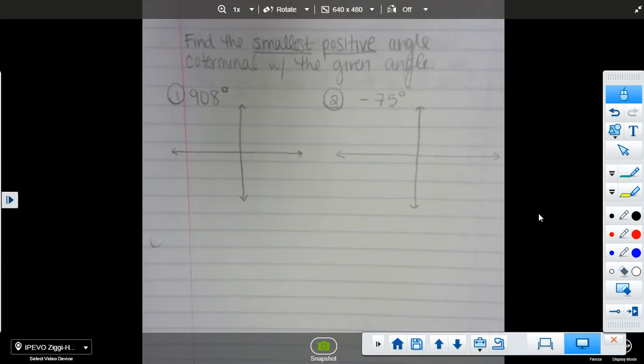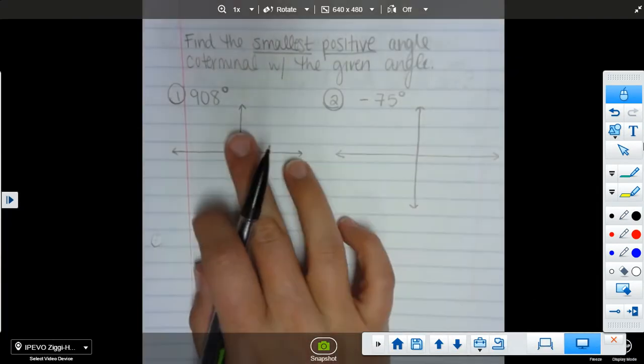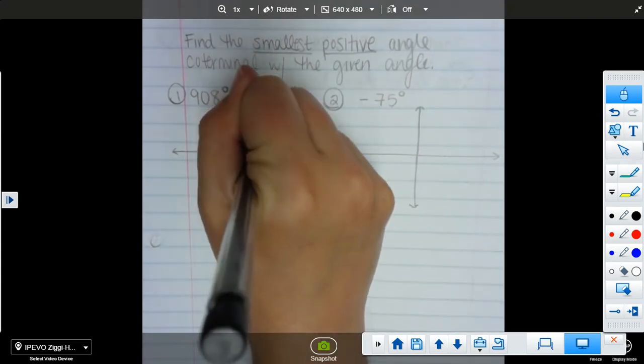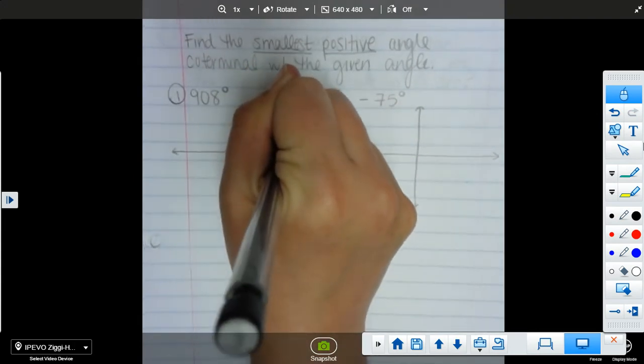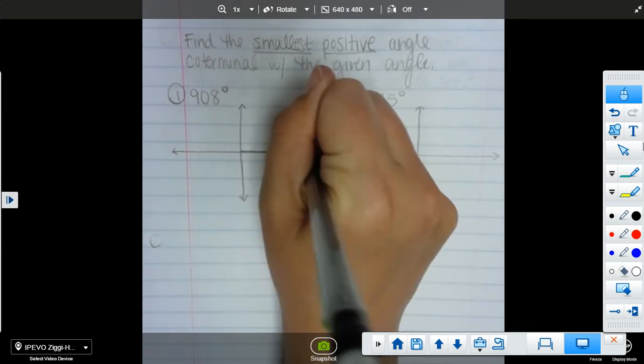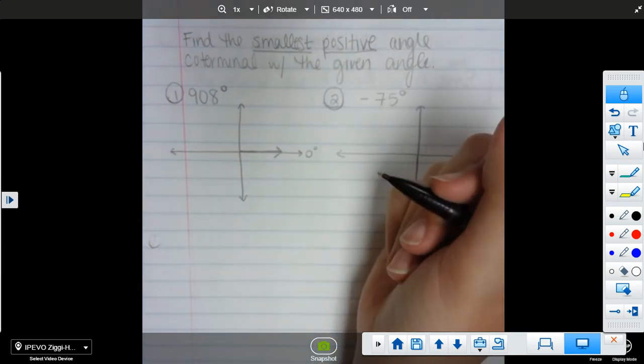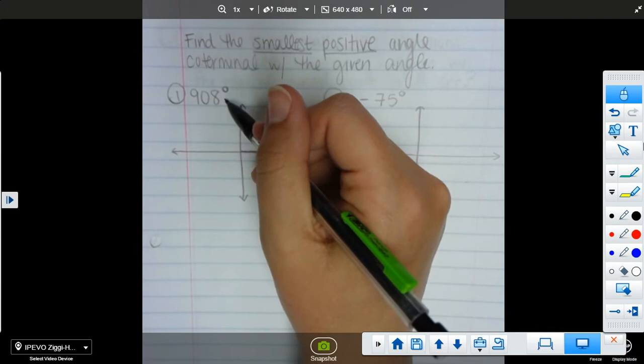All right, so if we want to sketch this angle in standard position, we start with the initial side on the x-axis at 0 degrees. And then we want to do the terminal side at 908 degrees.